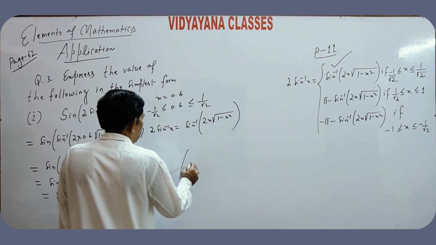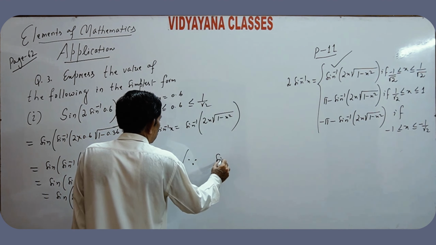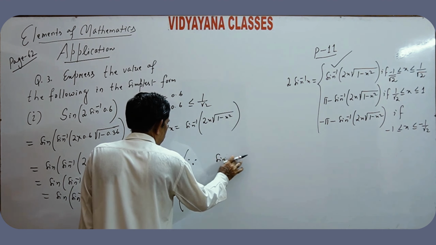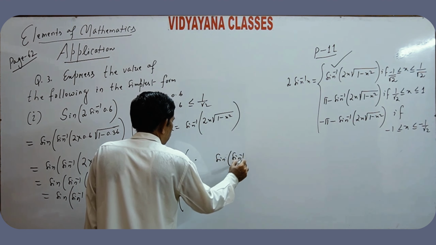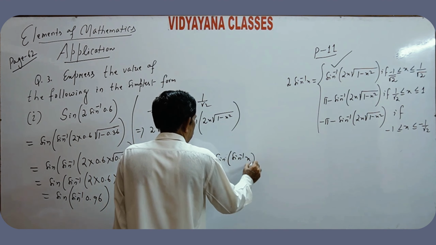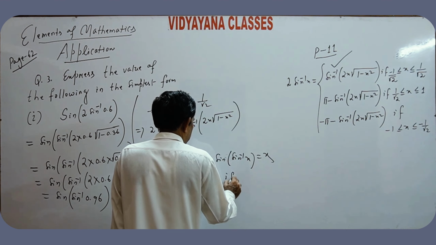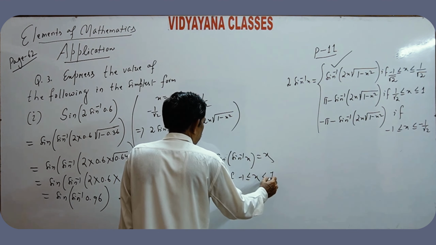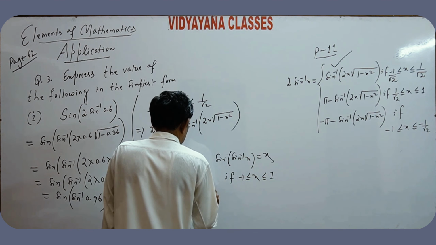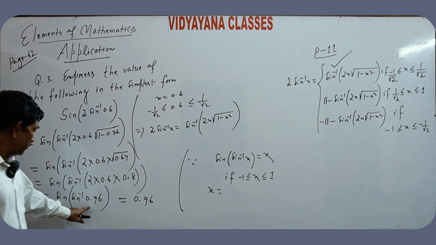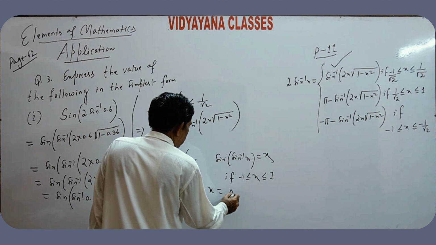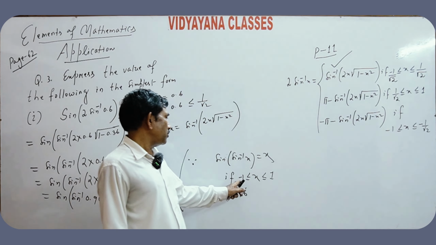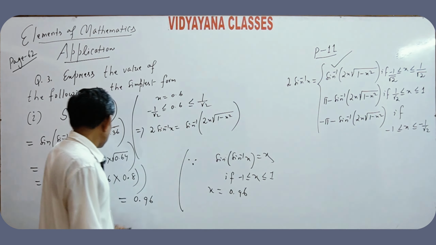Since sin inverse x is equal to x if x is greater than or equal to minus 1 and less than or equal to plus 1, here x is 0.96, which lies between the closed interval minus 1 and 1.